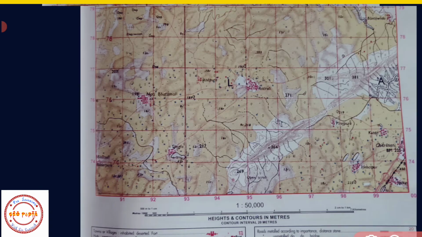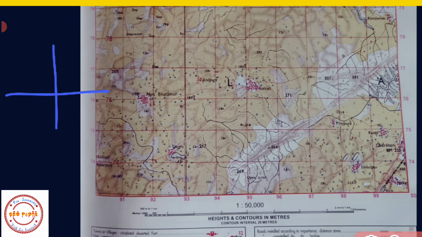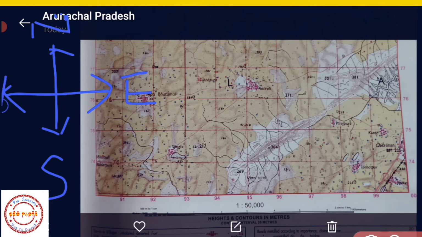As I explained to you about direction, you know that this direction is east and this is north, this one is south and this part is west.